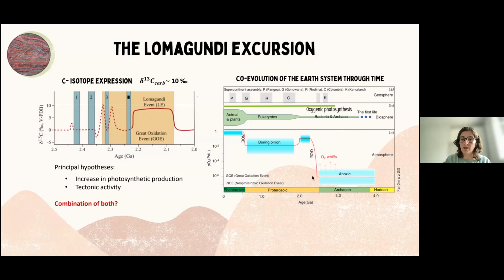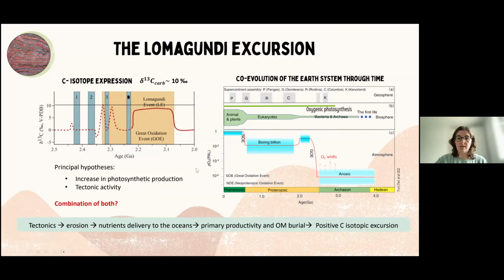So this oxygen production was likely driven by tectonic activity that led to erosion. When we have erosion from the continents, it means that a lot of nutrients will finally go to the ocean and to the water bodies in general. These nutrients will likely fuel increased primary productivity. So we will have more organic matter in the system. So more organic matter will finally be buried in sediments.